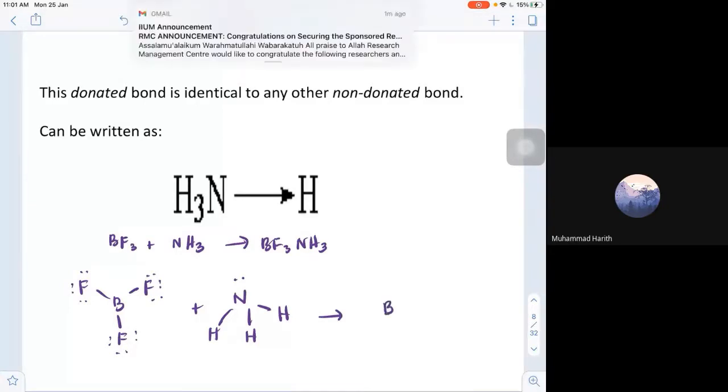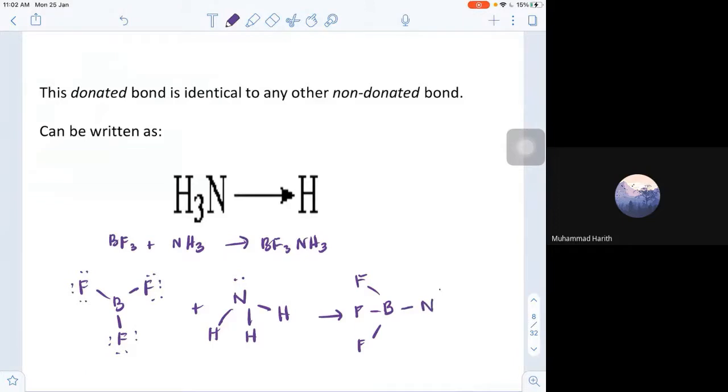We have BF3 bonded with the nitrogen with 3 hydrogens. Remember we are discussing the dative bond, so we have to show which one is the dative bond, and it is by an arrowhead towards the one that receives the electron.